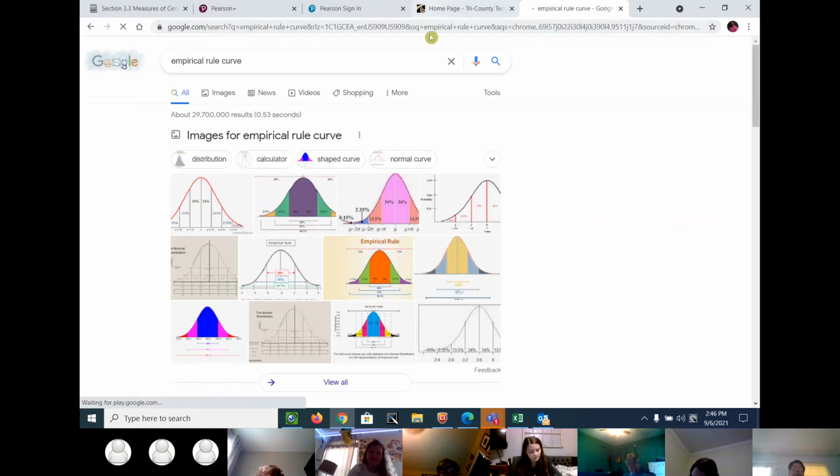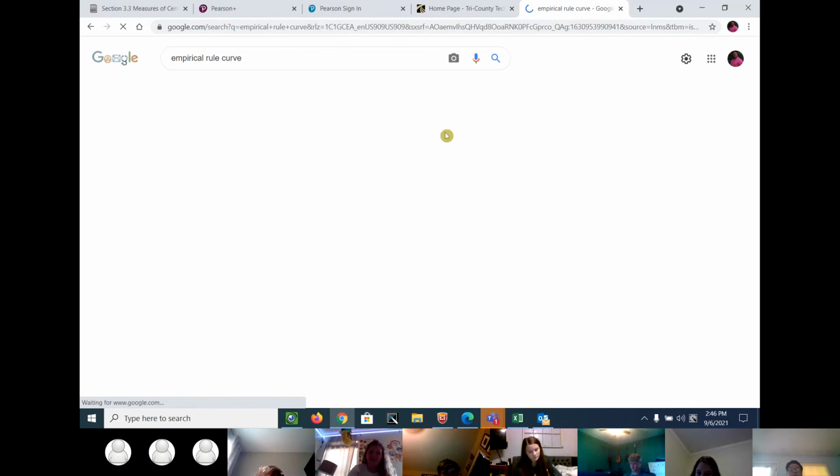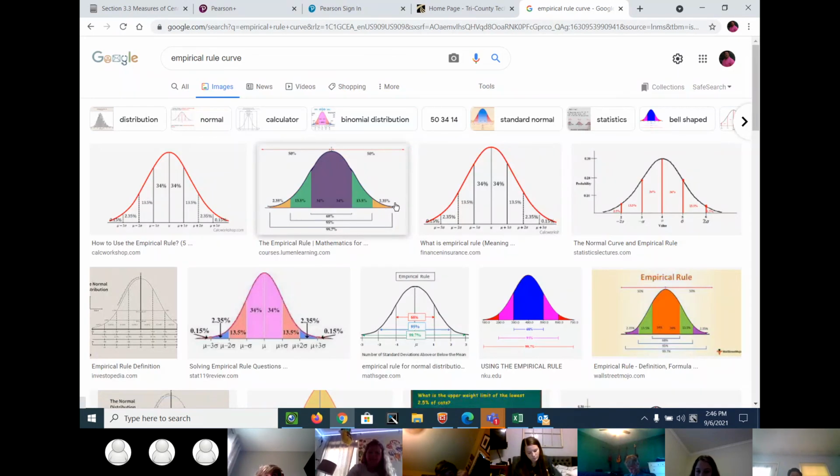Hit images, and there's plenty for you to copy, paste into a word processor, make copies, and you won't have to draw it every single time. Now, there's some of you that you're not going to have to draw it because you already know everything. And then you'll cry when you get it wrong.